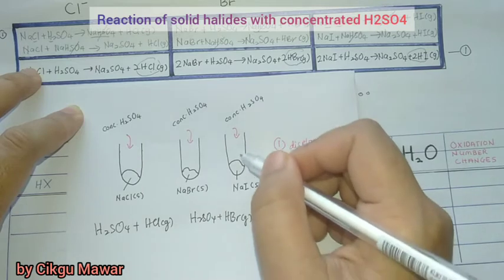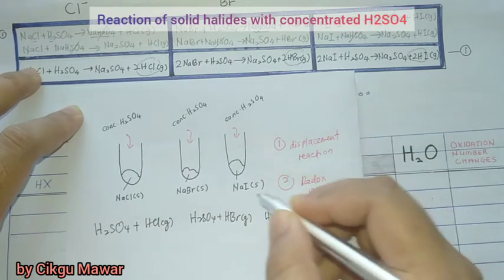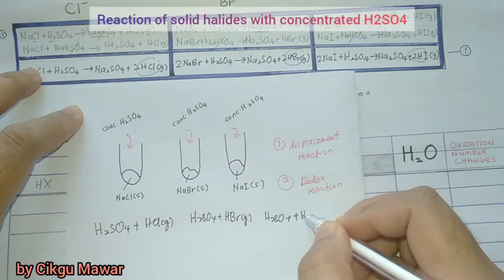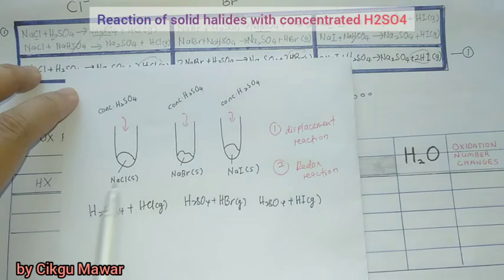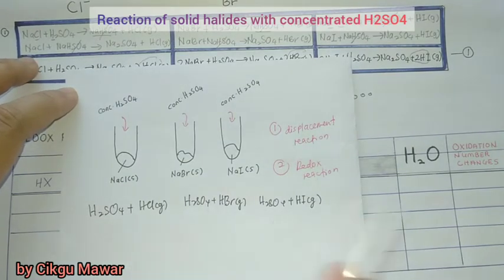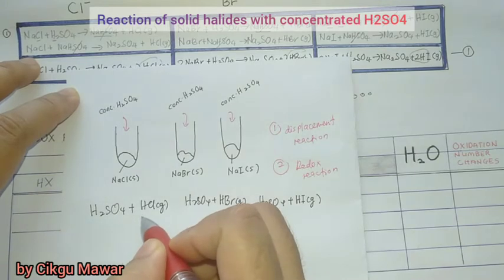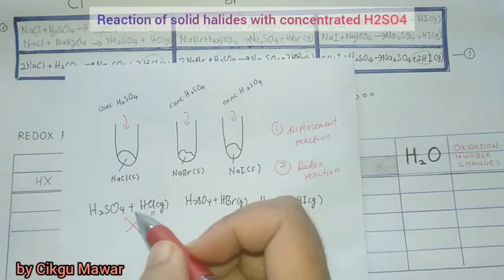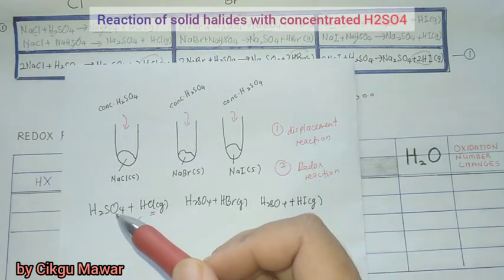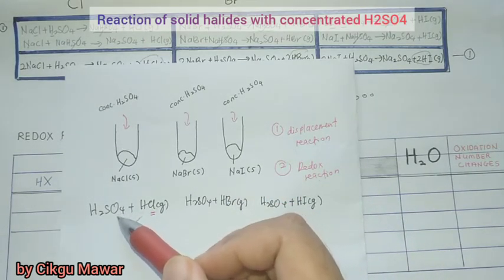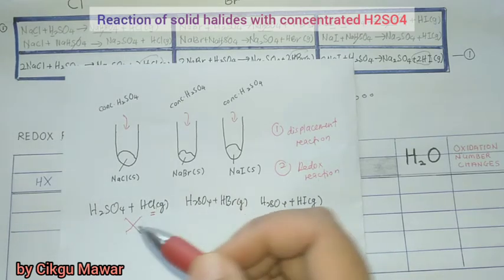And in the third test tube, sulfuric acid and hydrogen iodide gas. So which reaction will undergo the redox reaction? For sure this reaction will not occur, because chlorine is a stronger oxidizing agent compared to sulfuric acid, so it cannot oxidize chloride. So no reaction occurs.